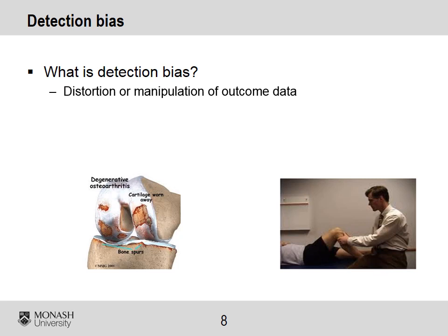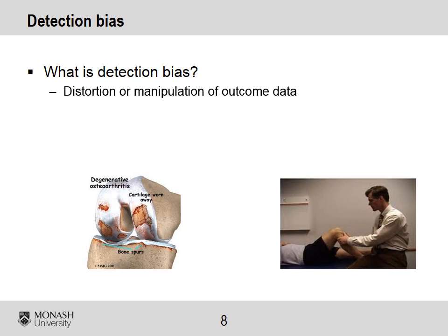Now, if I don't know whether or not the patient is receiving the supplement or the placebo, I'll evaluate them pretty independently. However, let's say I have got this firm belief that supplements increase mobility, decrease pain, and I am able to identify that this particular patient is indeed receiving the supplements. Whether it be inadvertent or whether it be blatant, I can manipulate the results.